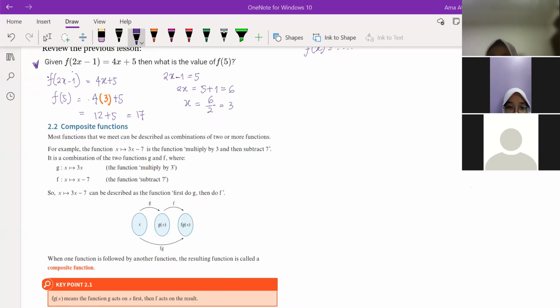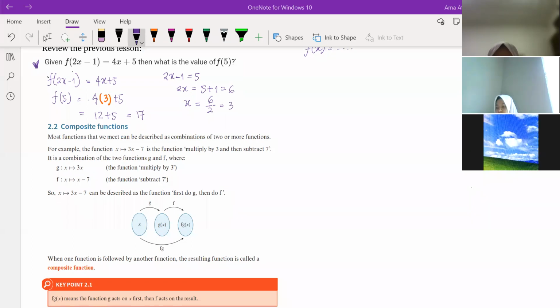It is a combination of the two functions, g and f, where g is 3x and f is x minus 7. Okay. So we have two operations here. First, this function here is multiplied by 3. The second one is subtracting by 7.